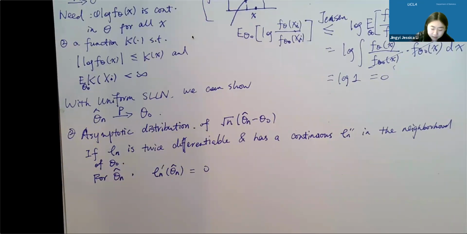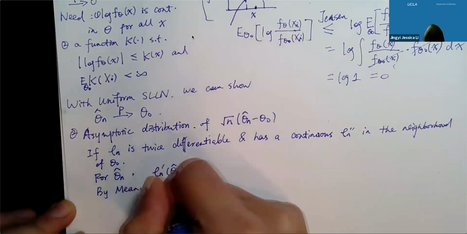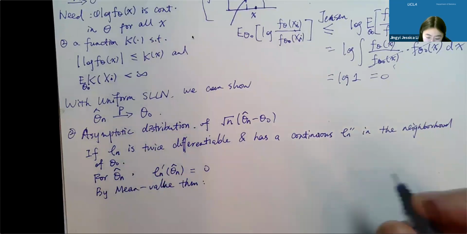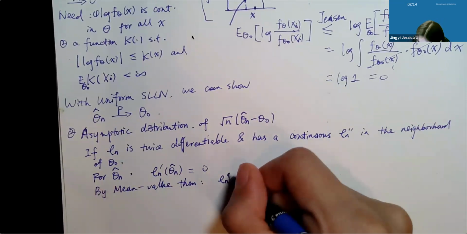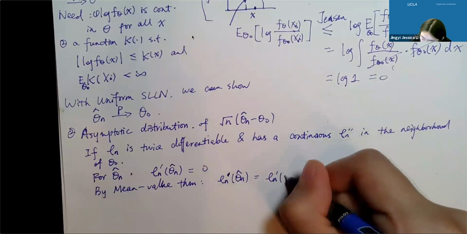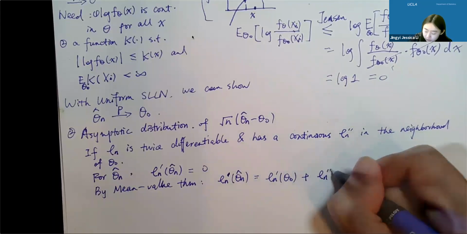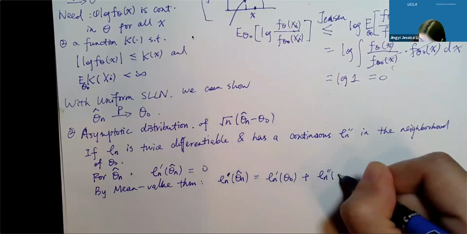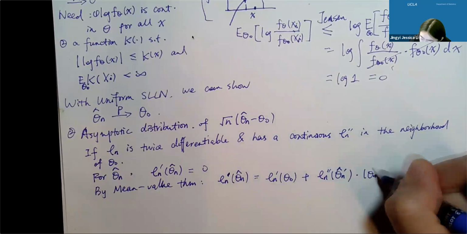So what we would have is this. Based on the mean value theorem, the first order log likelihood evaluated at theta n hat can be written as this function evaluated at the true parameter theta 0, plus the second derivative evaluated somewhere between these two things, which I'll call theta n hat prime, times theta n hat minus theta 0.